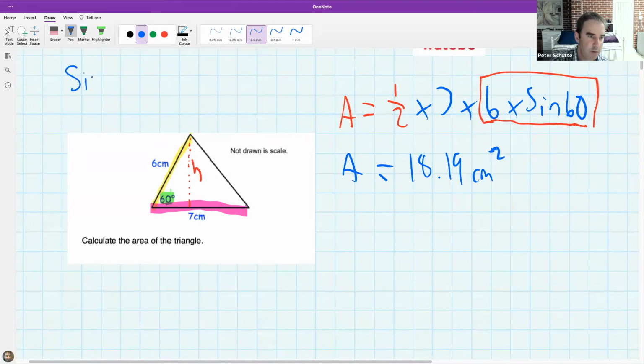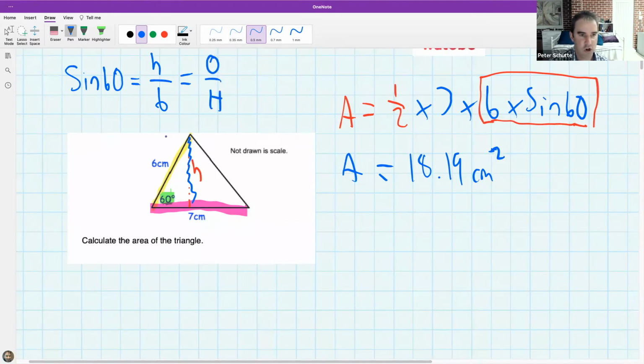But would you agree with me that the sine of 60 is going to be this one over here? So we'll call it the height over 6. So sine is always opposite over hypotenuse. So it's just h over 6. And then if you imagine moving this 6 to the other side, well, then 6 times the sine of 60 would be equal to h.